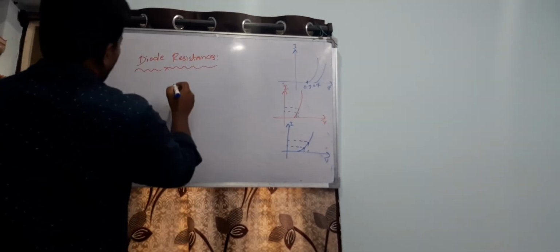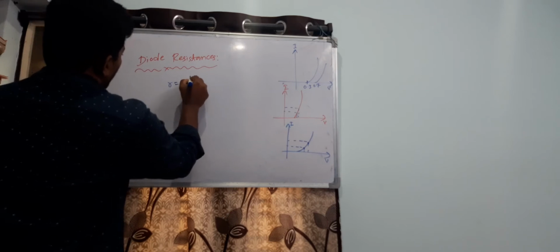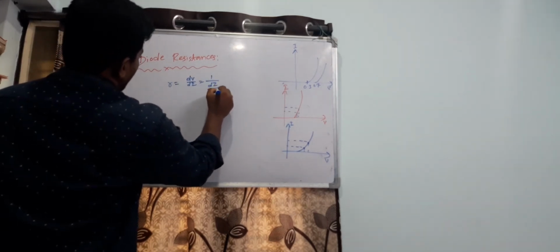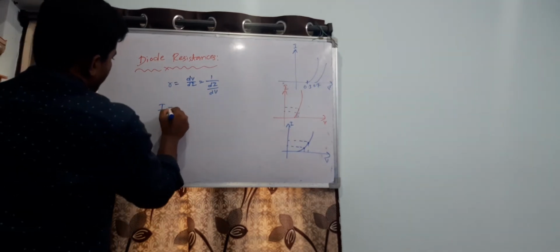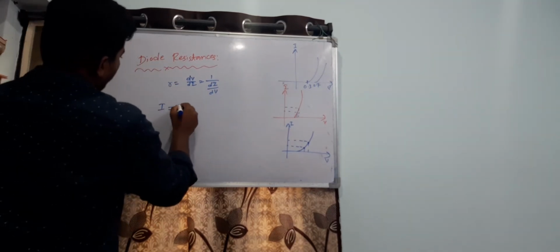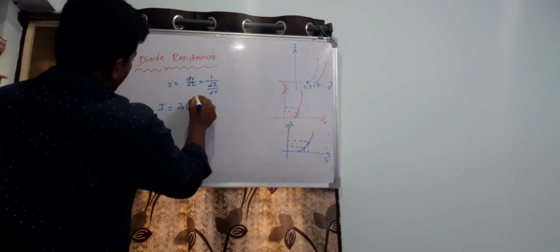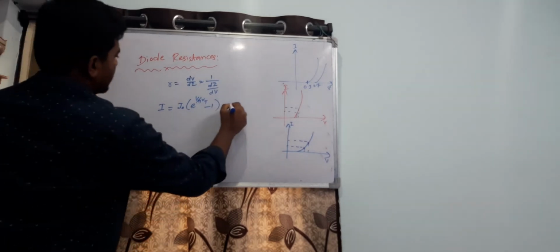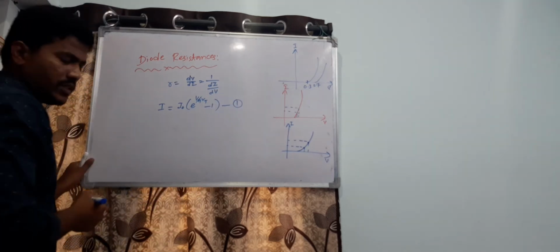So this derivation: r is equal to dV by dI or 1 by dI by dV. From the diode current equation, I is equal to I naught into e power V by eta Vt minus 1. This is equation number 1, we assume.